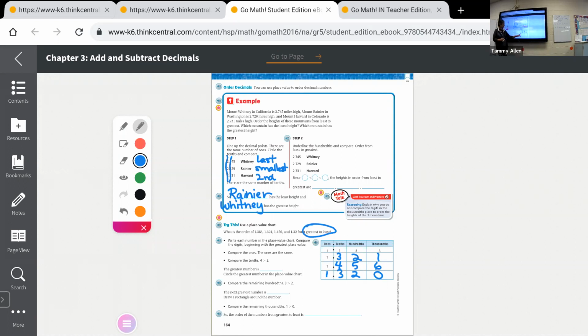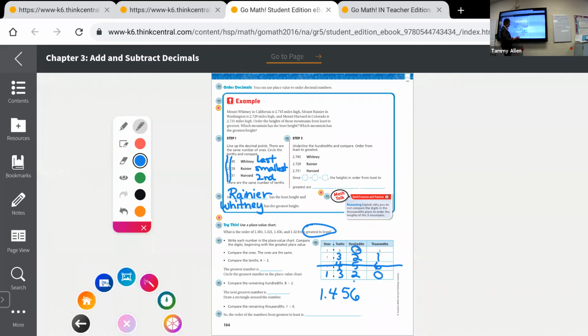Our ones in the ones place are all equal. We look at the tenths. Our 4 is greater than the 3, so we know that's going to be the largest. So we can take it out and put it as the largest. The 3s are all the same in the tenths now. We look at our hundredths. In our hundredths, the 8 now is the largest compared to the others.